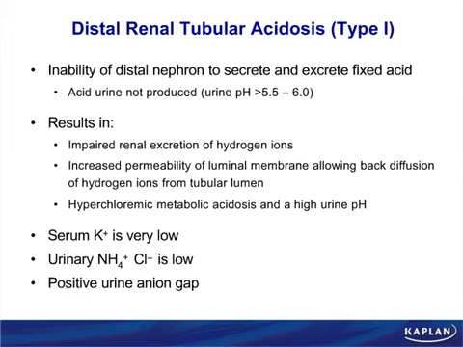Therefore, you will have low urine chloride levels. So you will have more sodium and potassium than chloride in the urine. We call this a positive urine anion gap, so you will see a positive urine anion gap in the distal RTA.